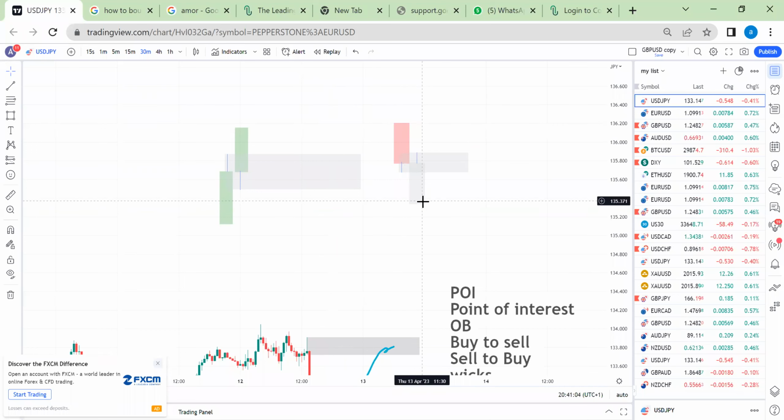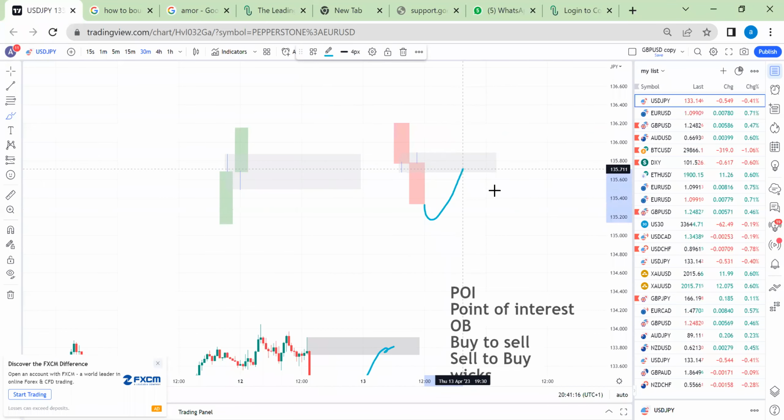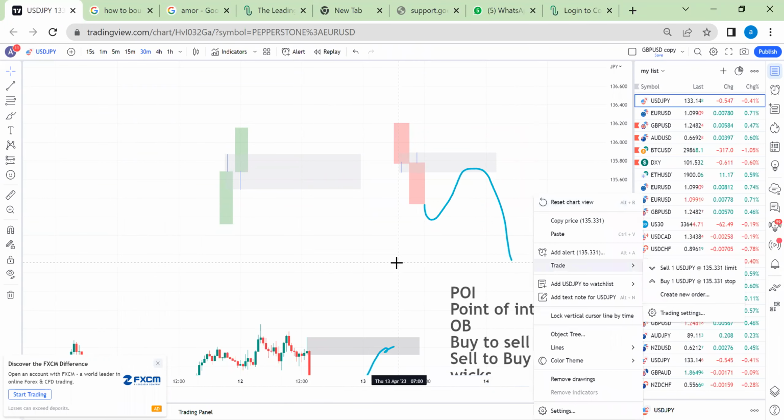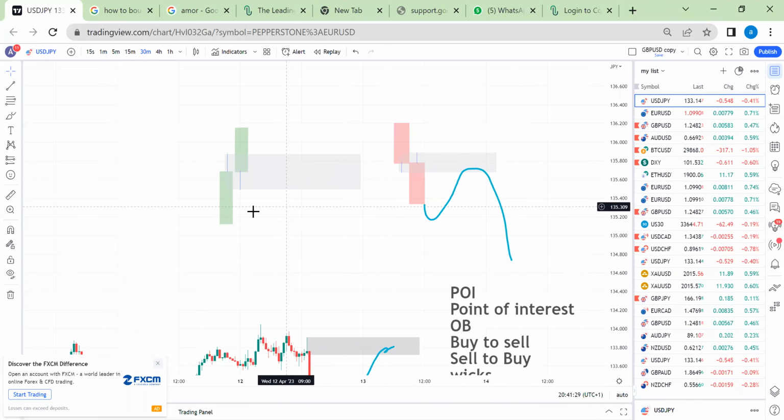This is a red candle. So you can also trade from here. So that means probably something like this. That's clear, right? All right, I hope this is clear.